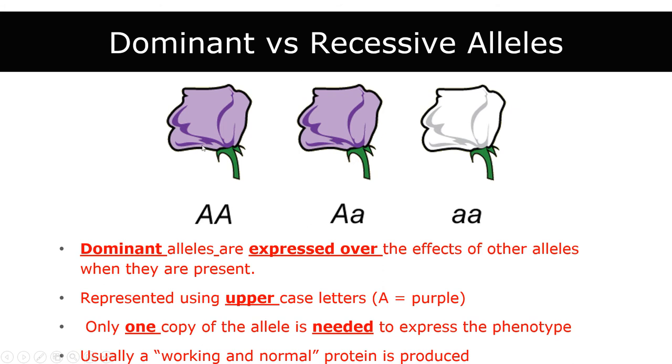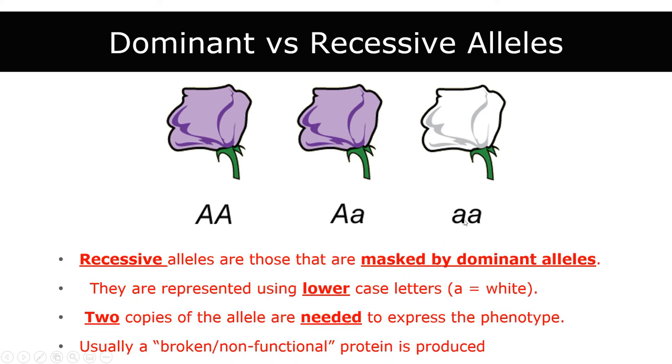So usually dominant phenotypes are considered a working copy, where a normal protein is produced. In this case, the uppercase A might be producing a purple pigment. As long as there's at least one copy, the flower is still able to make a purple pigment because it still has that protein product that allows it to do that.